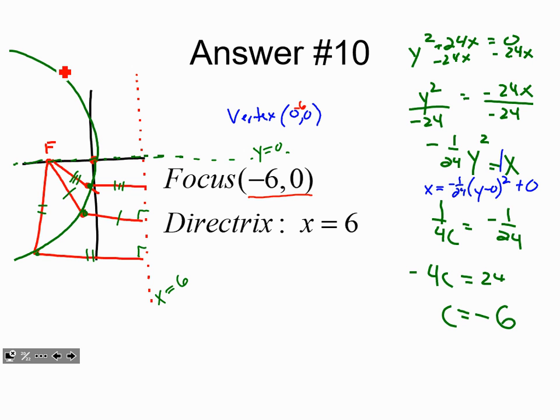That found my focus. And then I'm going to add 6 to the x coordinate, and that found my directrix equation, not a point, but the equation. And then you can see I did a much better job on this one, knowing where my vertex was, right here at 0, 0, down and over, the same amounts, and got my graph.